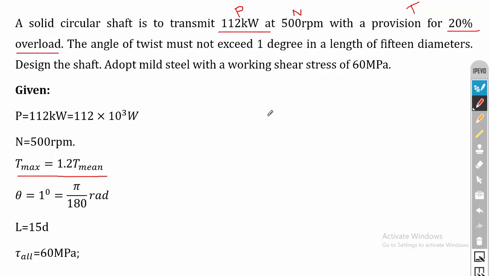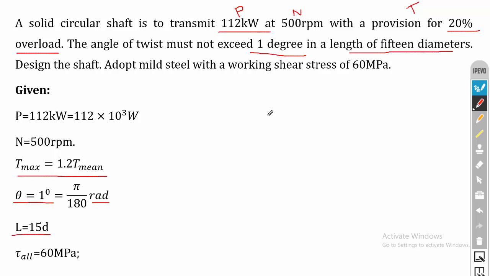Then the angle of twist must not exceed 1 degree. So the angle theta is equal to 1 degree. We can convert it into radian: 1 into pi by 180, so pi by 180 radian in a length of 15 diameters. So the considered length is 15 times the diameter.